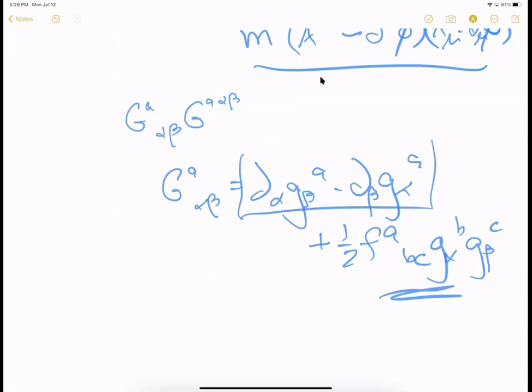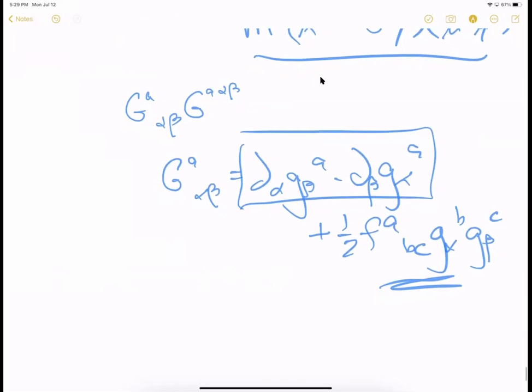This curl term is just, that gives rise to the propagator. That just means that your gluon goes from here to there.